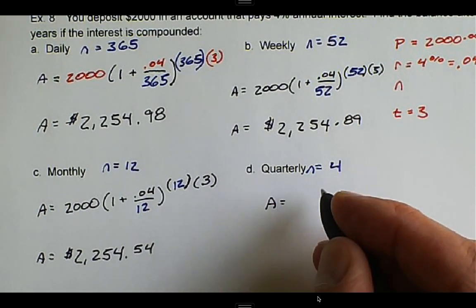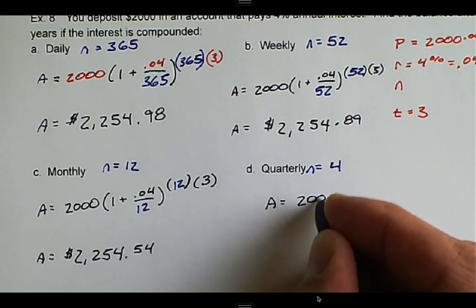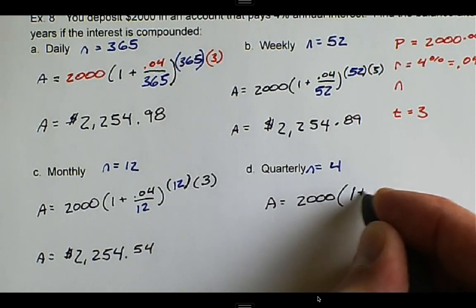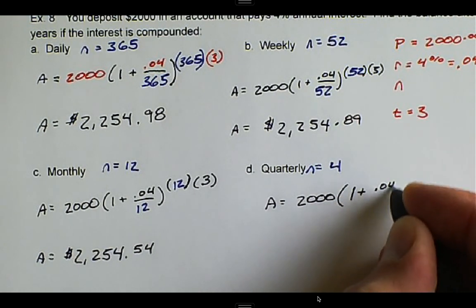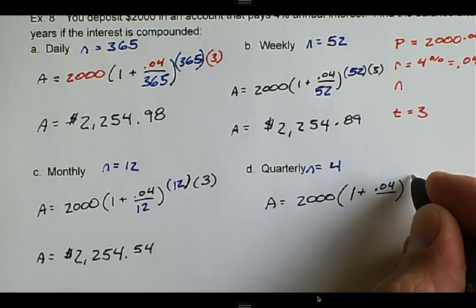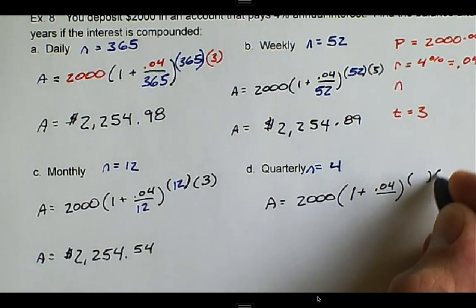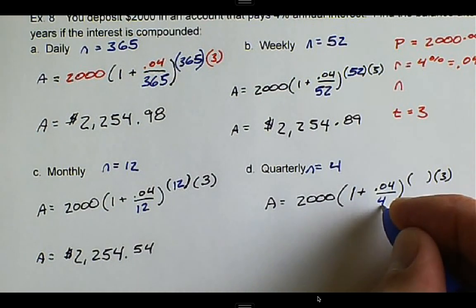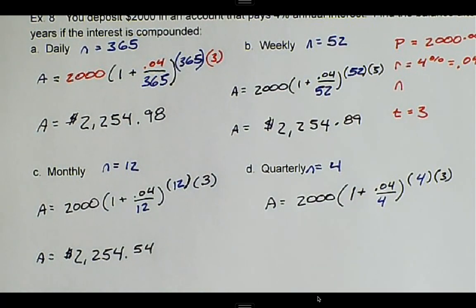N is equal to 4. So 2,000 times 1 plus 0.04 divided by 4, raised to the 4 times 3 power.